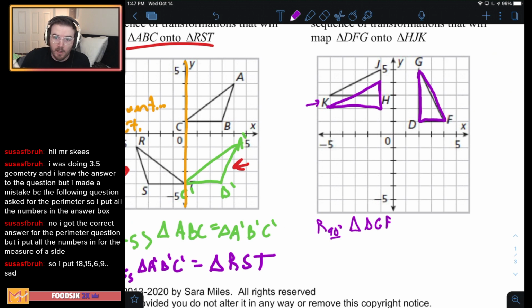But I'm letting you know that when I turn it 90 degrees, it's going to end up right here. And then I need to move it up 1. We need to translate up 1.